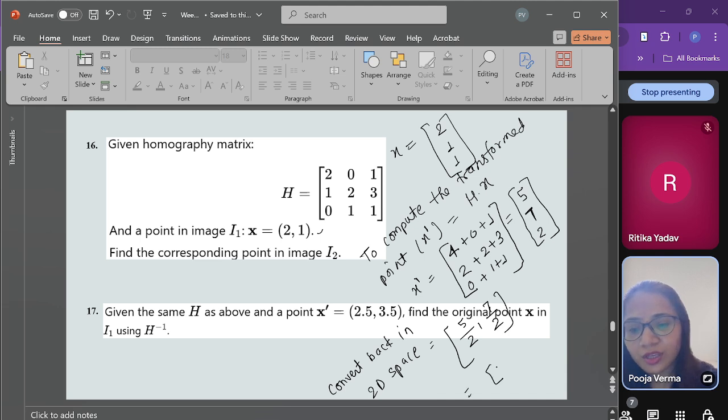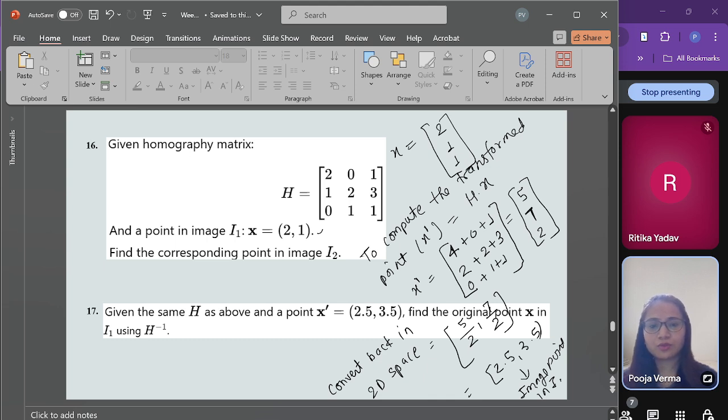So here you will get 2.5 comma 3.5, and this point corresponds to the image point in I2, right?